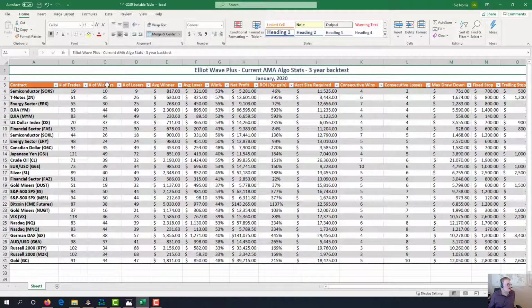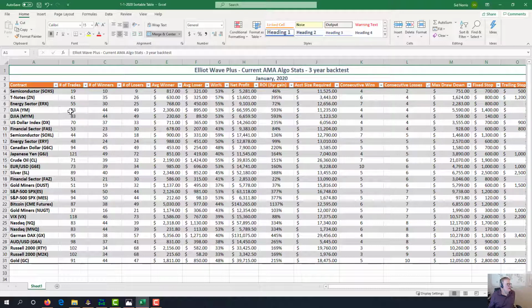Now, the Semiconductor Index, that's actually an ETF, has a similar winning percentage, but it's not putting up the big percentage of gains like a futures contract would, and that is assuming buying $10,000 worth of shares every time you get a signal. But over the last 3 years, it's only lost twice, but it's only traded 19 times.